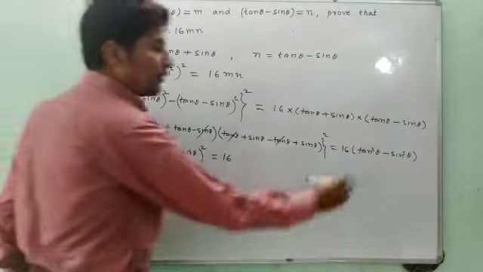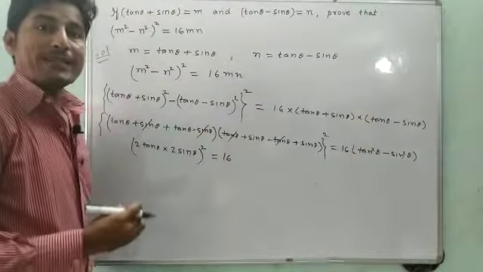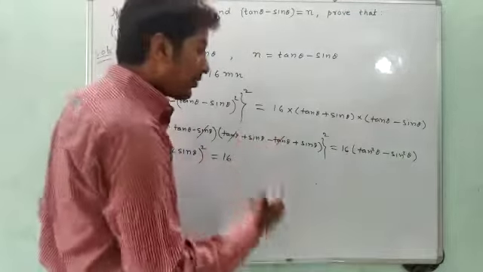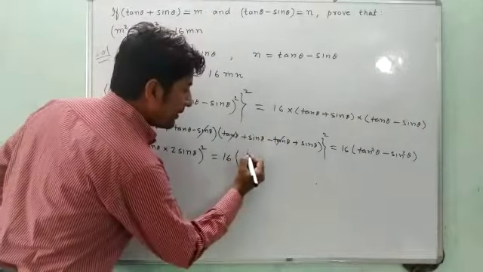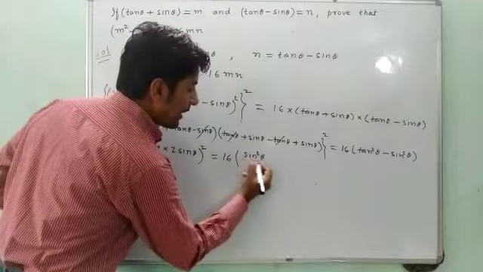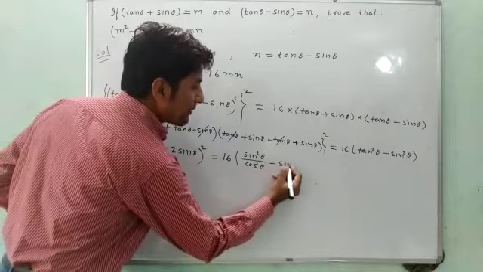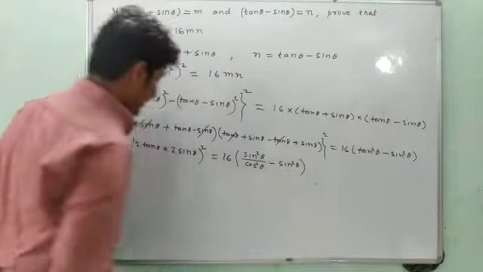Now whole square is there, so we can put here whole square equals 16 will be as it is, no change. Now tan can be converted into the form of sin by cos. Since tan square theta is there, so we can write sin square theta by cos square theta. So I am going to write here sin square theta upon cos square theta minus sin square theta will be as it is, no change.